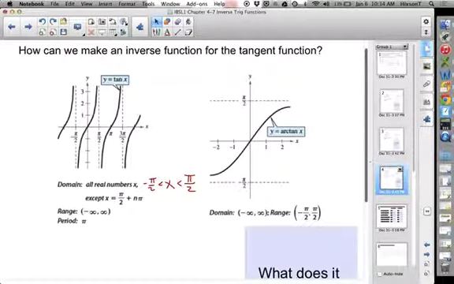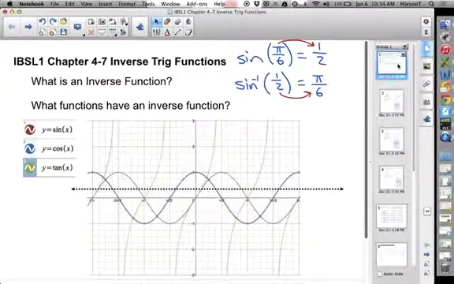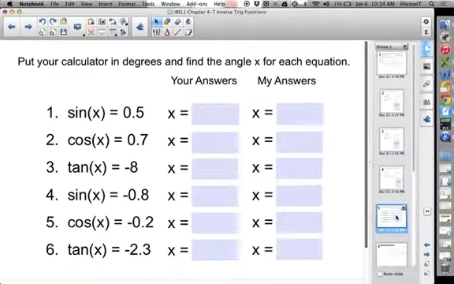Okay, everyone get your calculator out. I have a little exercise for you, okay? Put your calculators in degrees, okay? And we said that back here, you would take the inverse or the arc function of the value in order to get the angle, okay? So for example, I know you could do this using the unit circle, but what are you going to put into your calculator?